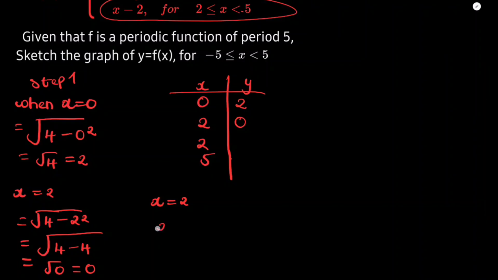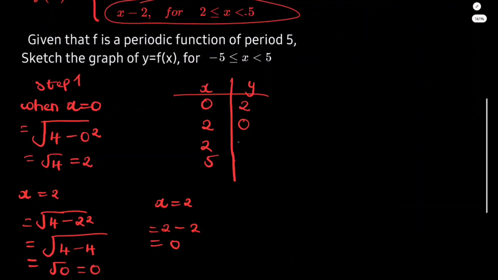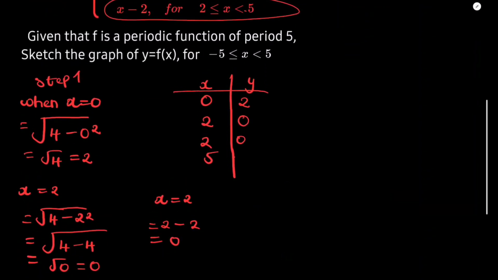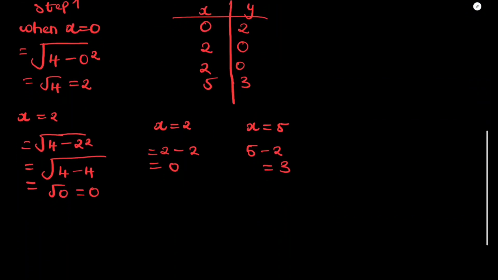We are going to have 2 minus 2, which is 0. So when x is 2, y is 0. And the next case, when x is equal to 5, we substitute it again. We have 5 minus 2, which gives us 3. So when x is 5, y is 3.